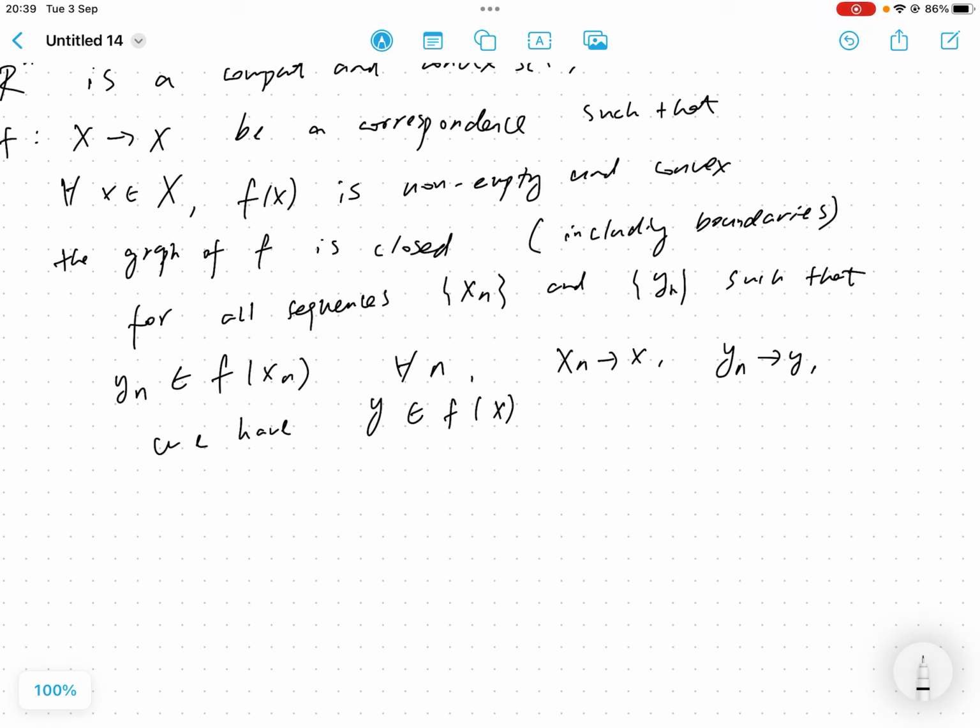That would be the definition of the closedness of the graph of the correspondence F.